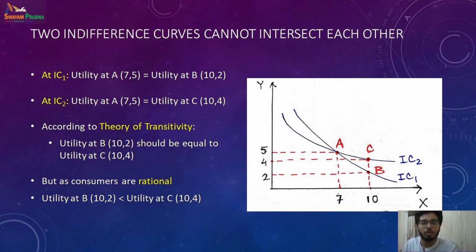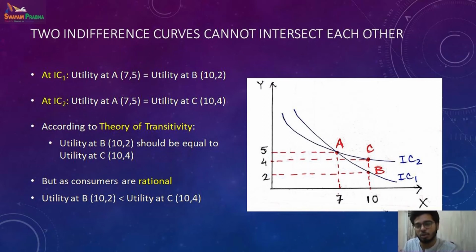On the first indifference curve, IC1, at point A you have 7 of x and 5 of y, and at point B you have 10 of x and 2 of y. So A and B give you an equal amount of satisfaction.